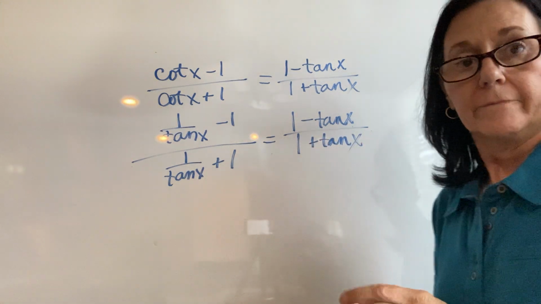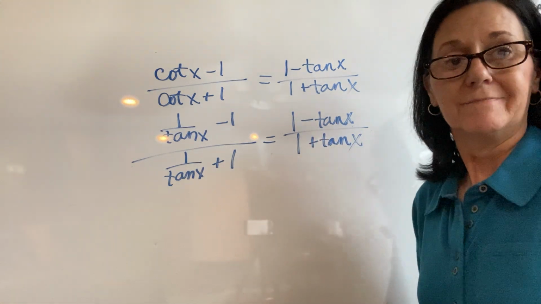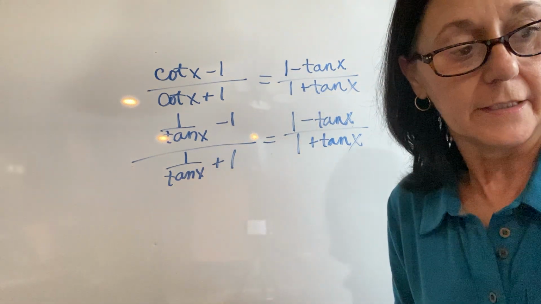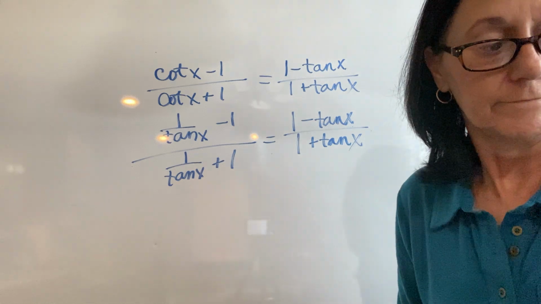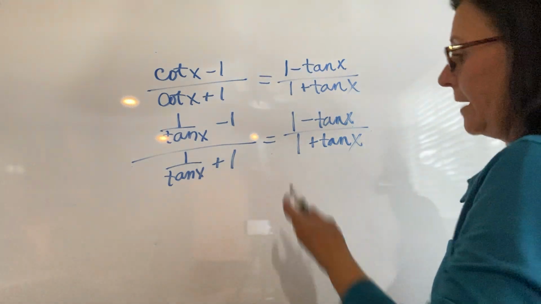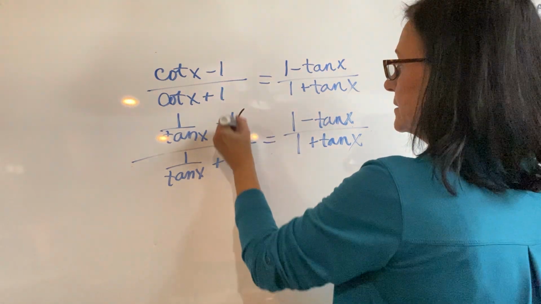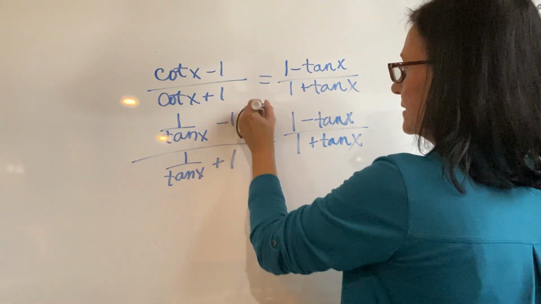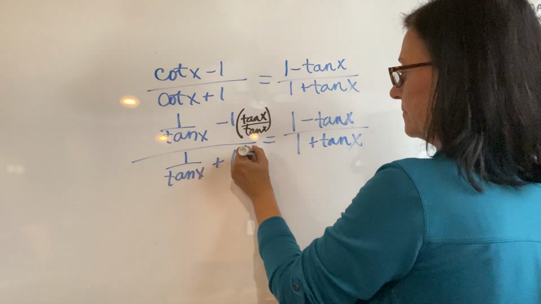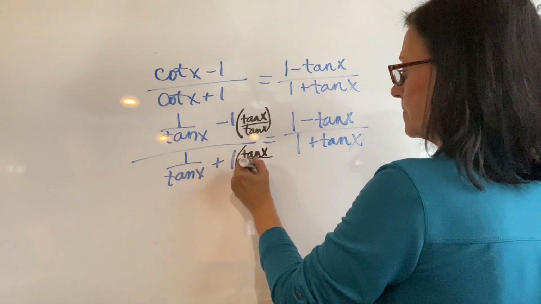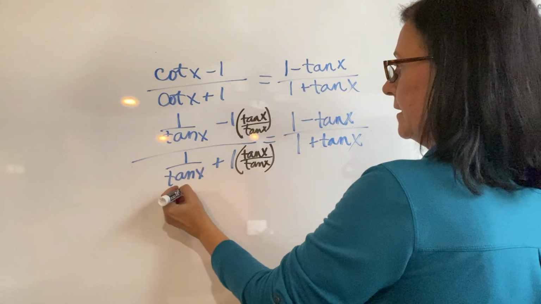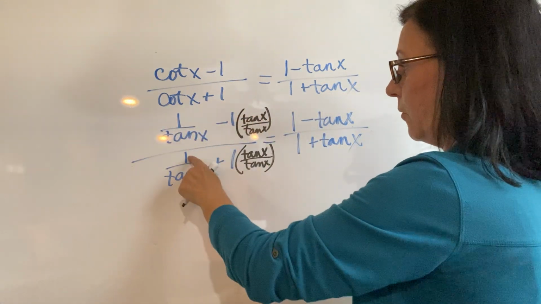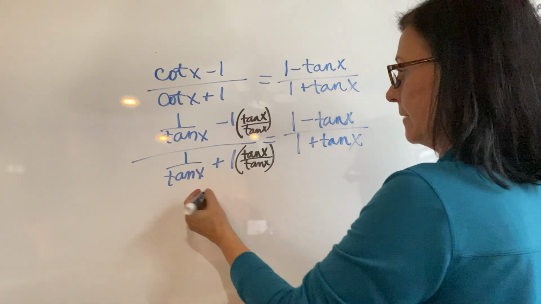All right, now it's a complex fraction on the left. I think I'm going to go to a common denominator. So I'm going to multiply this term by tan x over tan x, and this term by tan x over tan x, and write both over my common denominator tan. It's going to be 1 minus the tan x over the tan, 1 plus tan x over my common denominator tan.